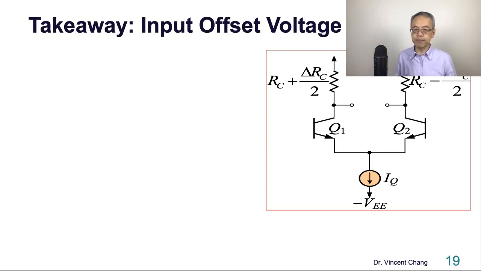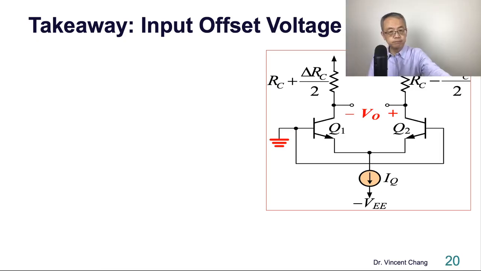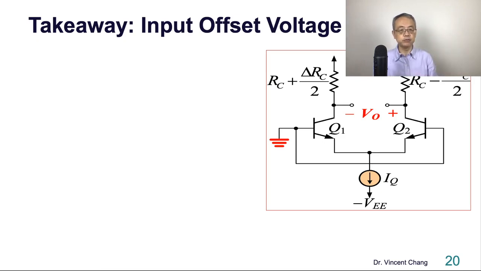Here's the takeaway. When it comes to the input offset voltage of the differential amplifier, what are the key steps? Number one, grounded. Make sure the input terminals are connected to DC ground. Step two: under this condition, for this differential amplifier, what is the output DC offset voltage?